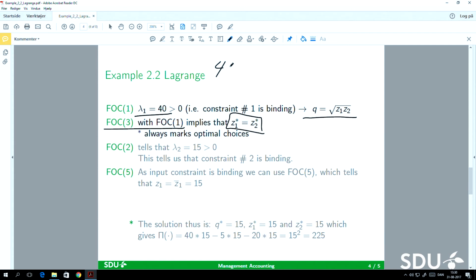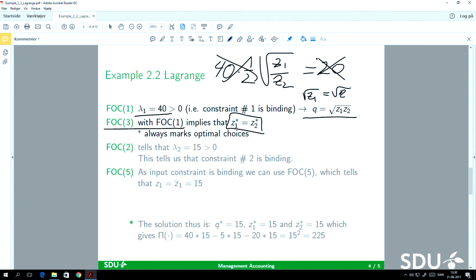So the first order condition number 3 becomes 40 times a half times the square root of C1 divided by C2 equals 20. So you have 20 over here and 20 over here, and you would end up with the square root of C1 equals the square root of C2. And that can only be true, given that we're assuming positive input factor choices, when C1 equals C2.